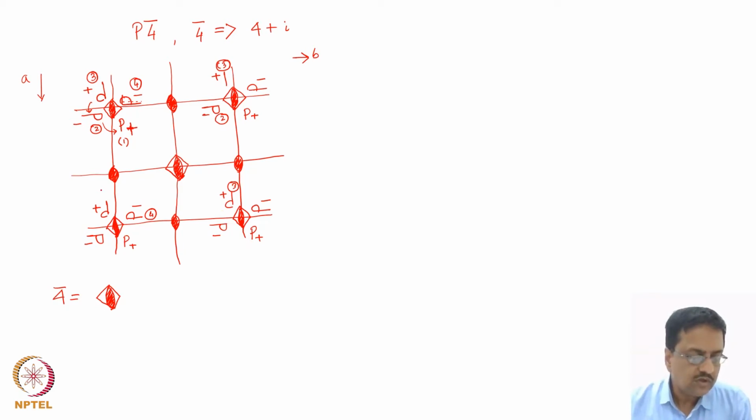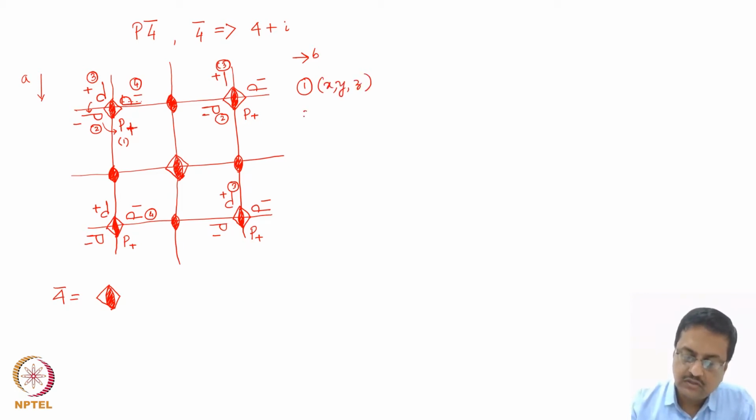So what are the corresponding equivalent points for these 4 points, 1, 2, 3 and 4? So the point number 1 is of course x, y, z. What is point number 2?